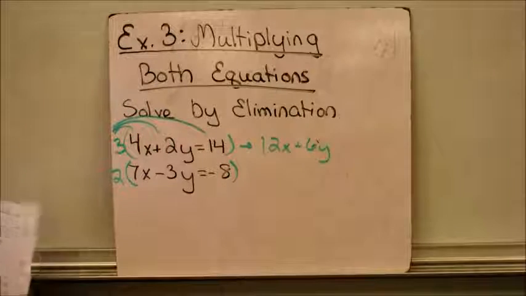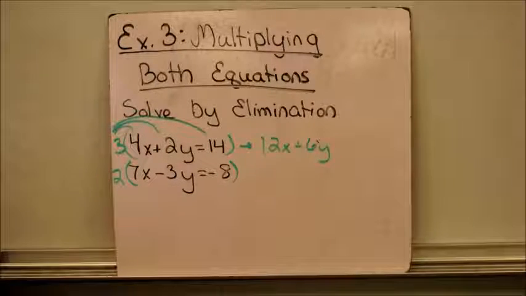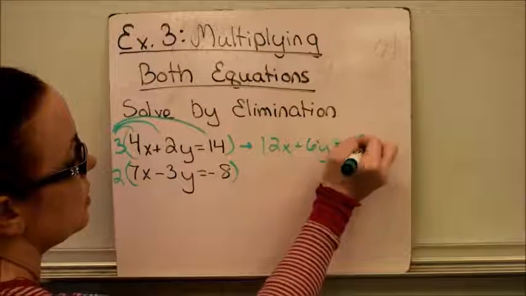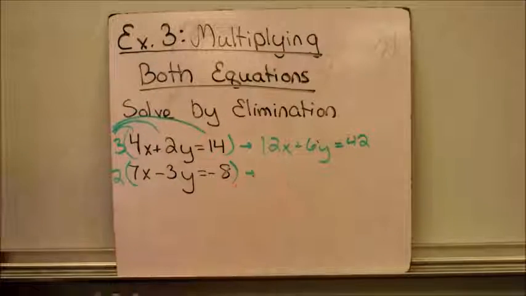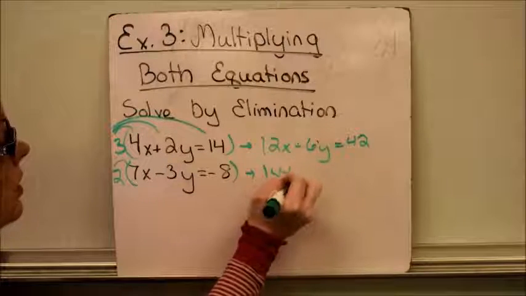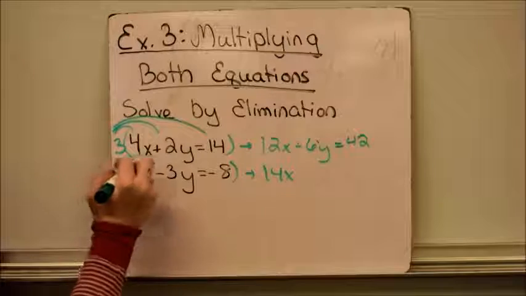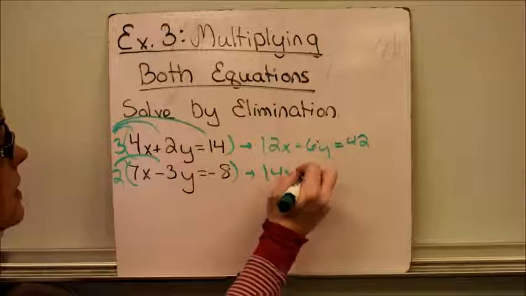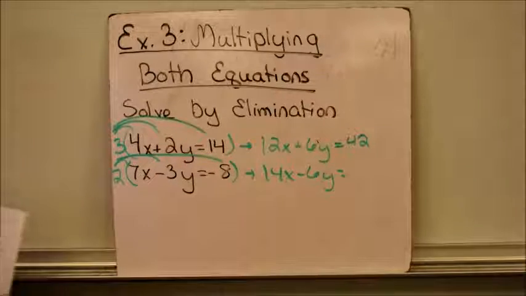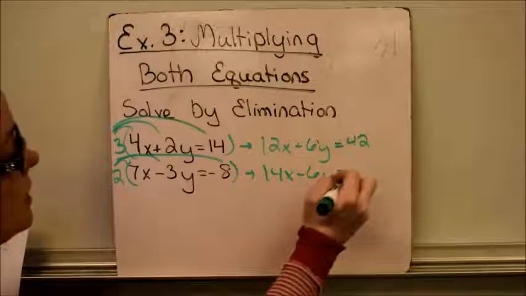And 3 times 14 is 42. Okay. So the second one, 2 times 7x is 14x. 2 times negative 3y is negative 6y. And 2 times negative 8 is negative 16.